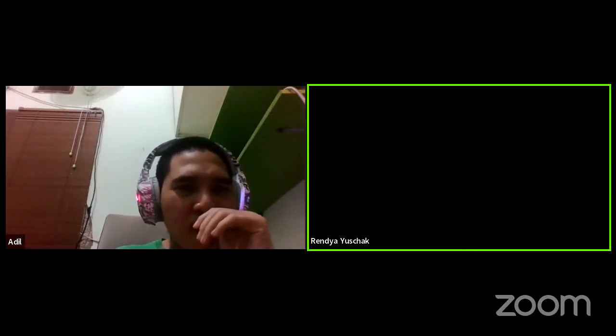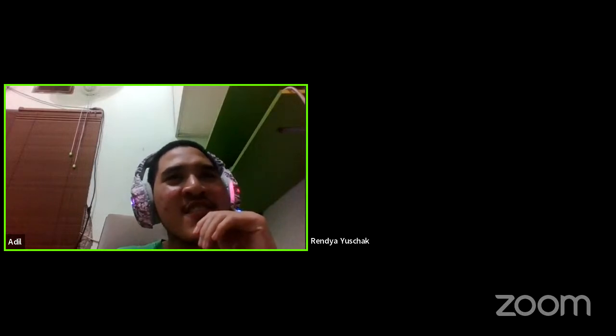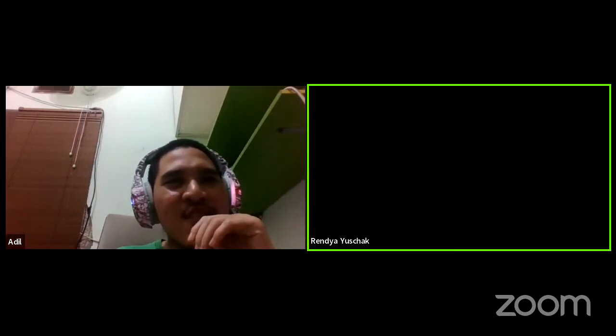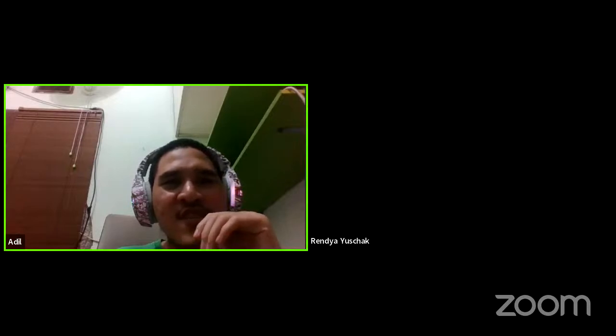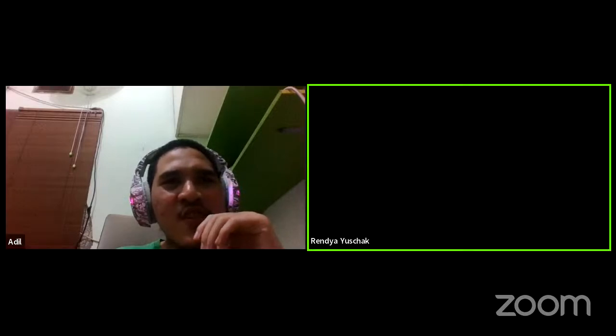Okay. This is bad. What happens to Zoom? Your share screen is still loading, I guess. What happened? Still loading. Why? I stopped sharing. Do you stop sharing, Adil?